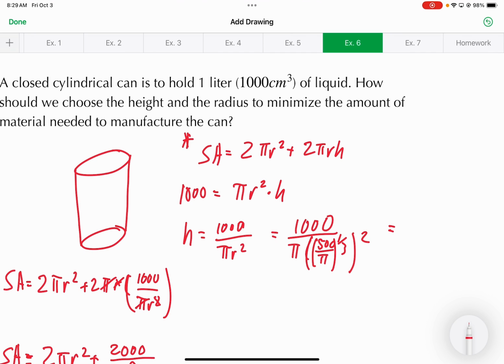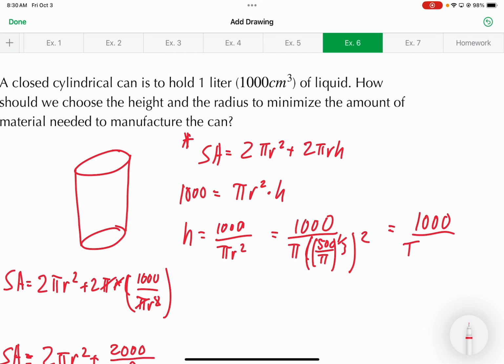Okay. Is there much that I can do to simplify that denominator? Let's see. We're raising it to the 2/3 power, right?